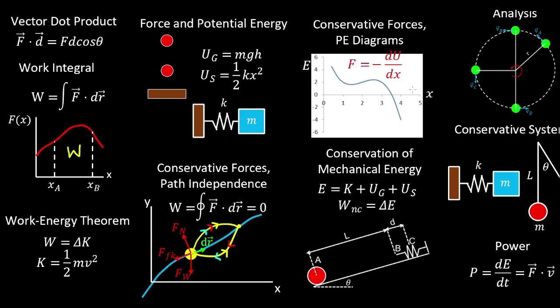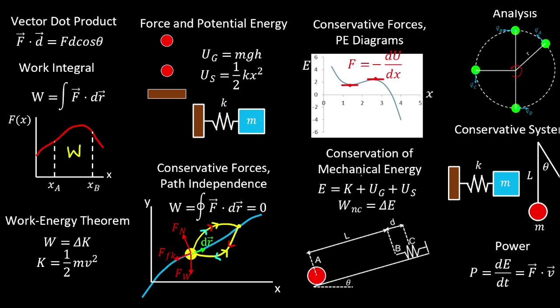So from this energy diagram, you should be able to identify the equilibrium points using this relationship. So where the force is 0, or where this derivative is 0, the slope of the tangent at the potential energy function is 0. And these are equilibrium points. And know how to determine whether these points are stable or unstable equilibrium points using this relationship.